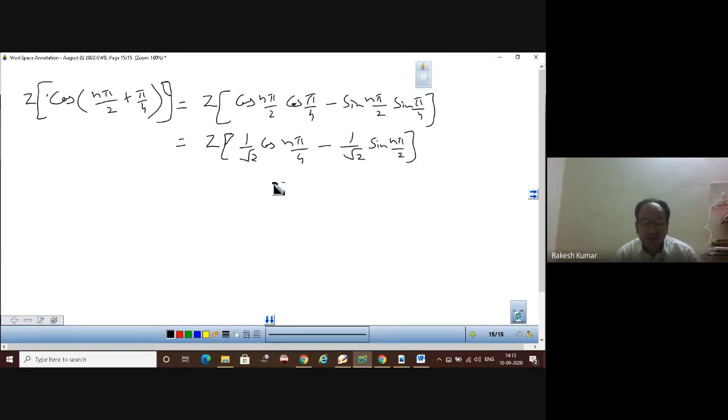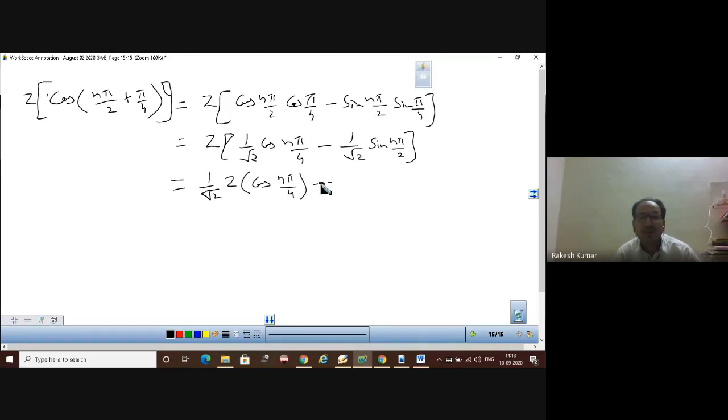And we also know that by the linear property the constant term can be taken out. So 1 by square root 2 is out here, and we can write 1 by square root 2 into Z transform of cos n pi by 2.